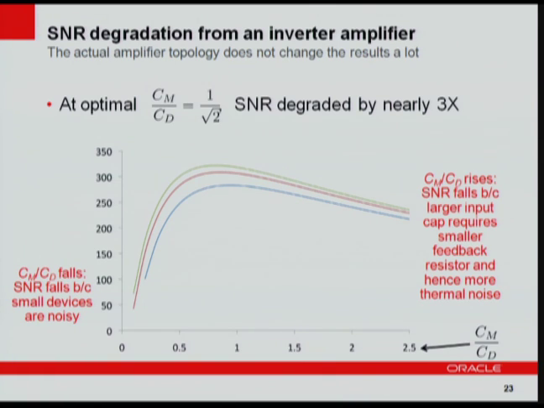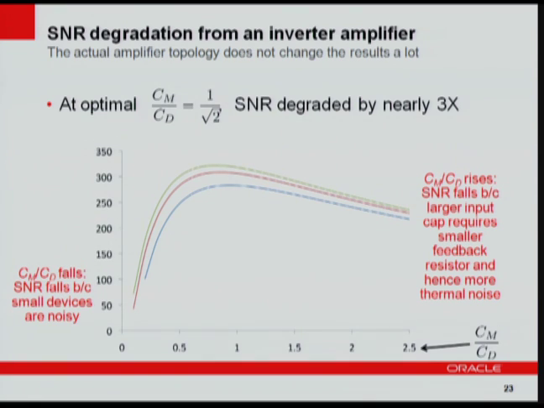Now, one may choose to operate here at the optimum SNR. And that optimum point for the transimpedance amplifier is about a ratio of square root of 2. So that's the ratio between the input amplifier capacitance and the parasitic capacitance. On this end over here, the SNR falls off because the input capacitance becomes a significant portion of the parasitic capacitance. And as you recall, the total capacitance of that node determines the bandwidth.